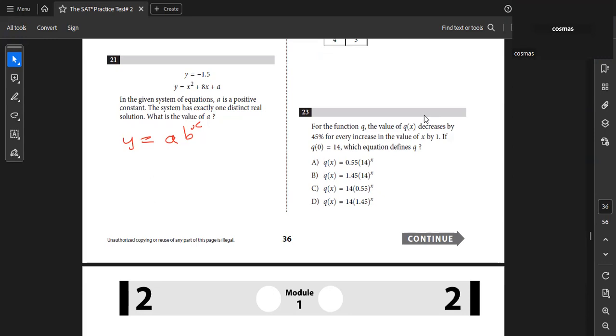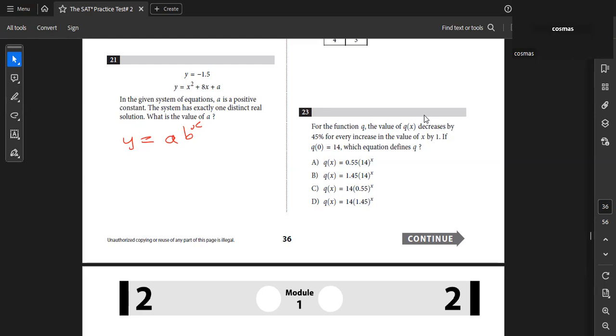I think this one is just a basic definition of exponential decay, using the equation y equals a open bracket 1 minus r to the power t. Here they're saying the function decreases by 45%.